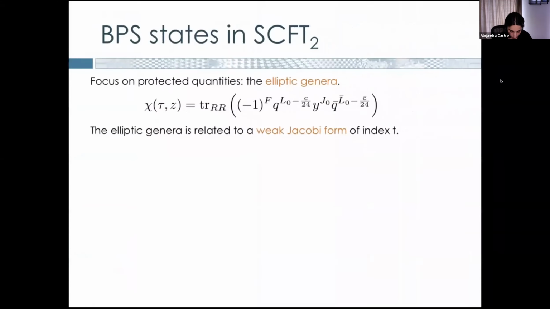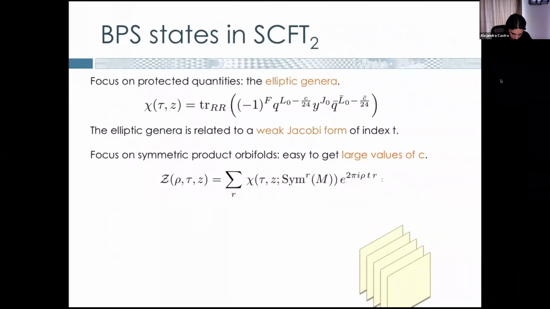So what is the protected quantity that I'll look at? As we were talking about, I'll look at the elliptic genera, which is the trace in the Ramond sector of (-1)^F. In the mathematics context, this is a weak Jacobi form of index T. What we'll do here is the symmetric product orbifold of the elliptic genera. The formula will be very similar to the one we described before.